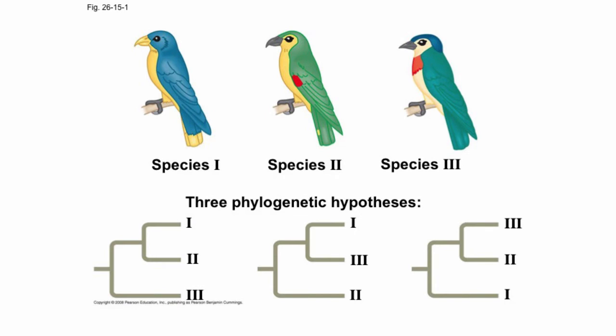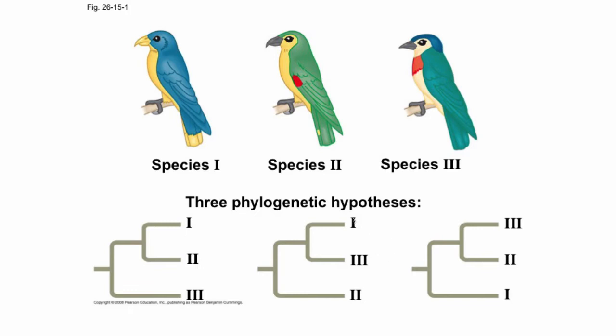Here we have 3 species of birds. There are 3 phylogenetic hypotheses possible for these three species. We could have number 3 being sort of the outgroup and numbers 1 and 2 being sister taxa. In other words, they diverged from group 3.